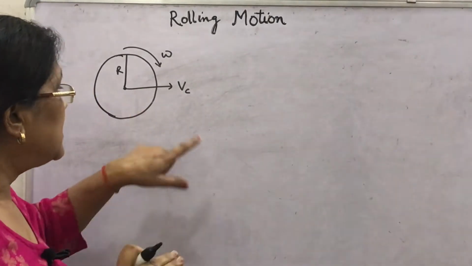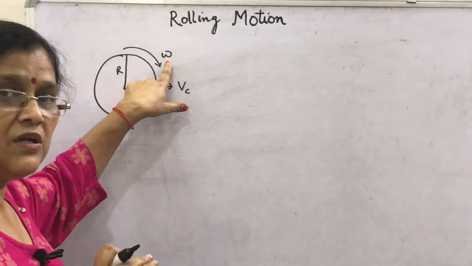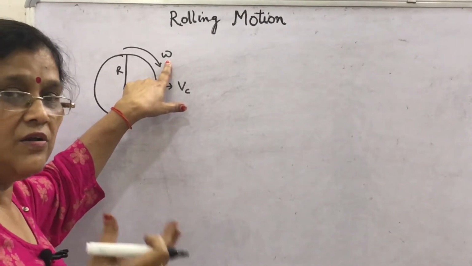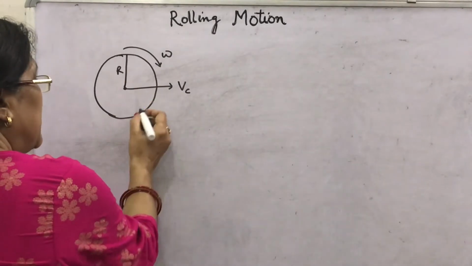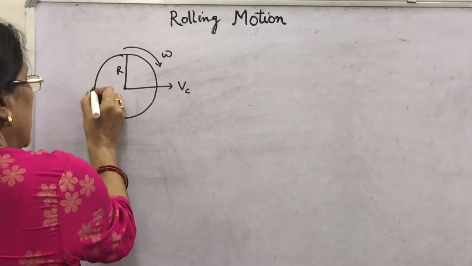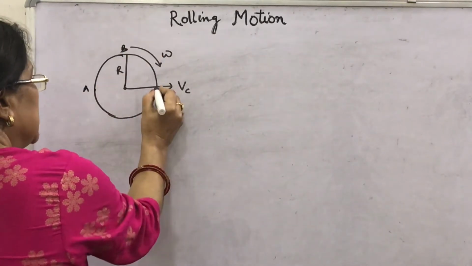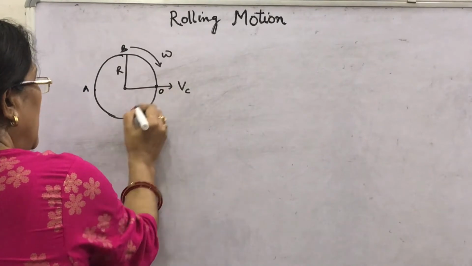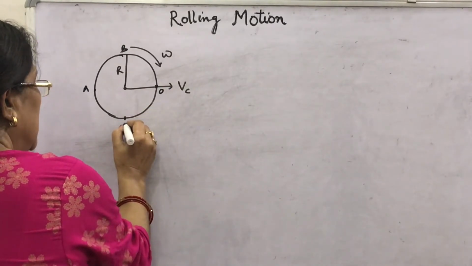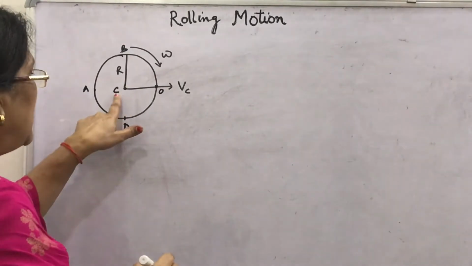That is the vector sum of Vc, and what is velocity in rotational motion? R omega. Look, suppose in this example, this is the point A, this is the point B, this is the point O, this is the point D, and this is the center of mass, so I have taken C here.